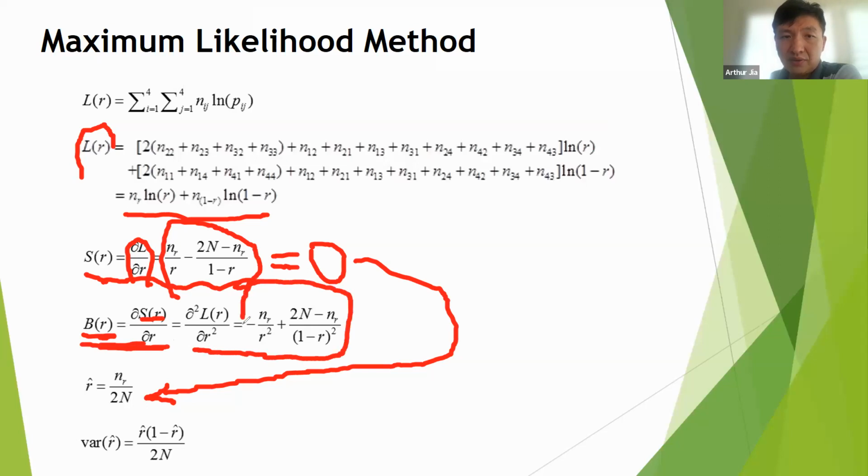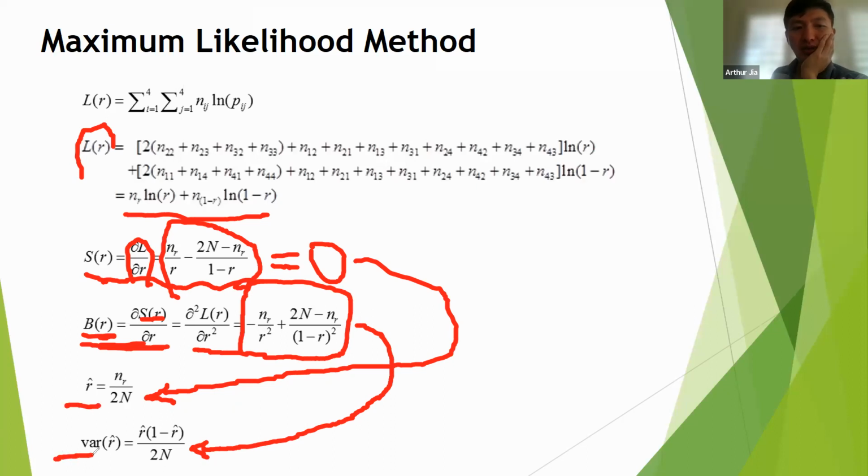We have learned this. This is called the information of this estimation, and this gives us the variation of the estimation of this parameter R, right? This is what we do for the MLE estimation, and we also want to estimate the variance of this estimation. Any questions here?